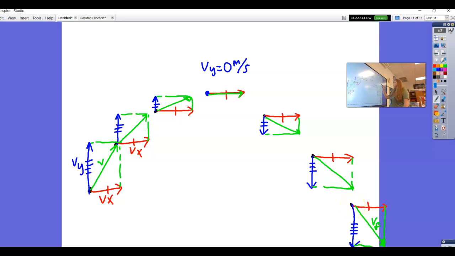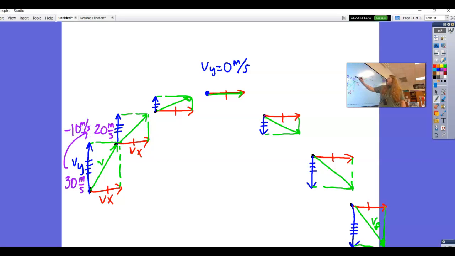So if I have 6 seconds total, that means I launched it vertically at 30 meters per second. Because remember, our velocity changes by about 10 meters per second every second. So after we go up again, we're going to be moving at 20 meters per second. We lost 10 meters per second here, minus 10.